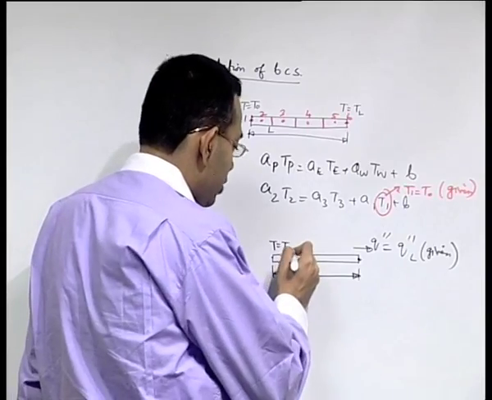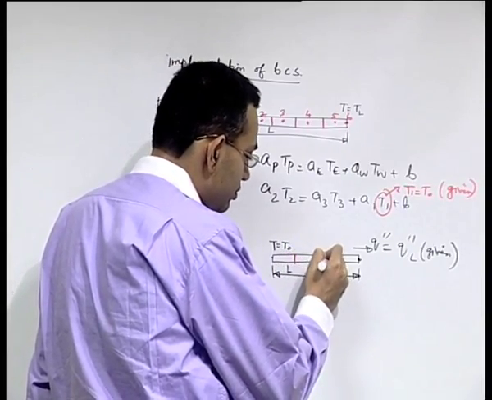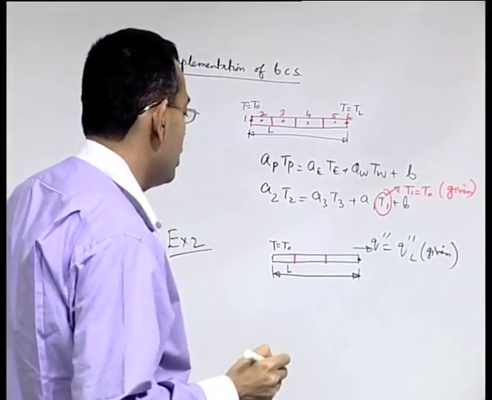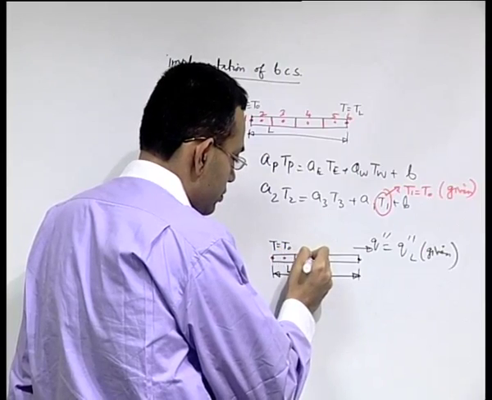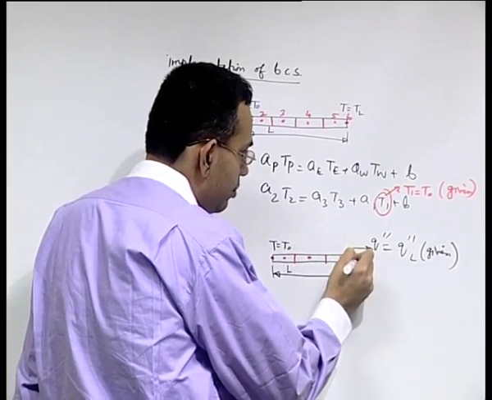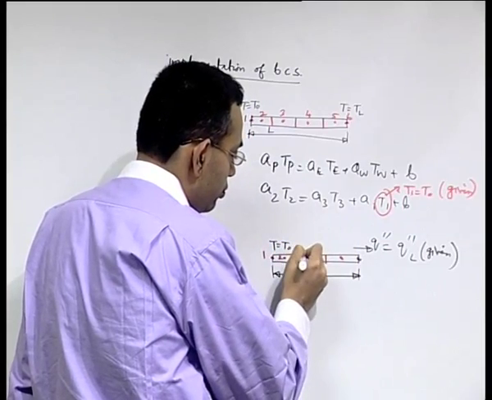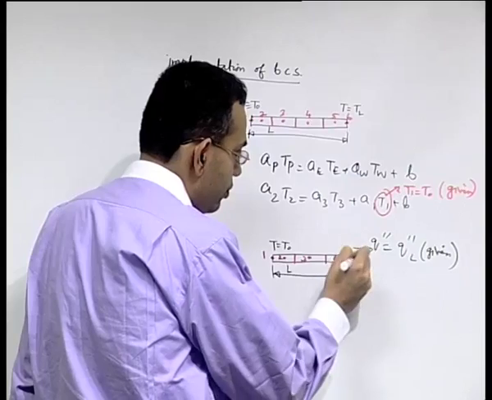Again, divide the domain into a number of control volumes. Let us say we divide it into 3 control volumes and identify the grid points. So, 1, 2, 3, 4, 5.